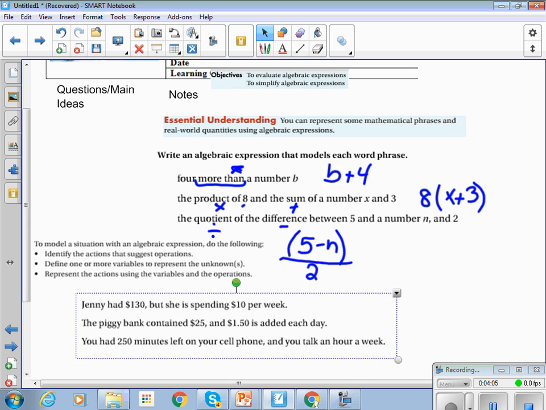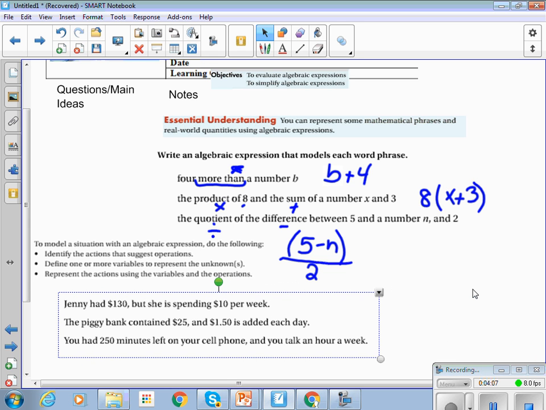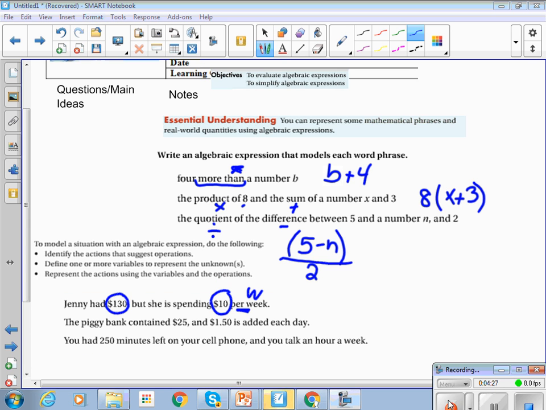All right. Jenny had $130, but she's spending $10 per week. So what is our variable for Jenny's situation? All right, so we have to use our 130.